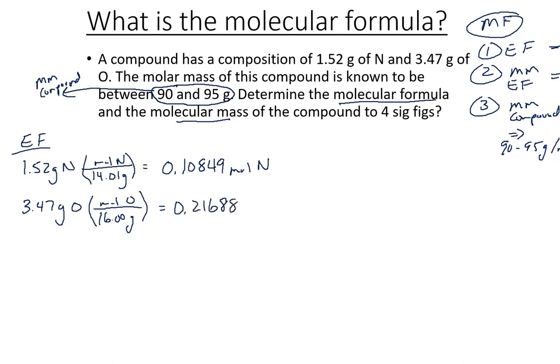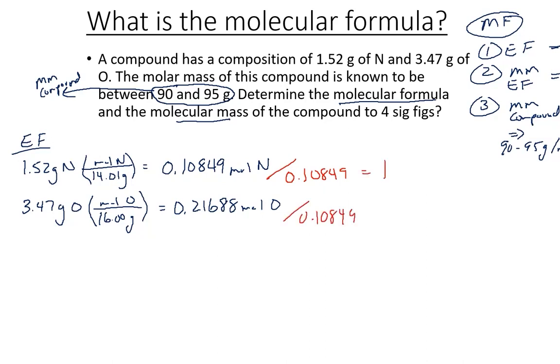In this case, we're now ready to divide by the smallest number of moles, and looking at it, it is the nitrogen that we want to divide by. So we're going to divide everybody here by the moles of nitrogen, 0.10849, and divide the oxygen by 0.10849. Actually, 0.10849, I'm sorry, it looks like.